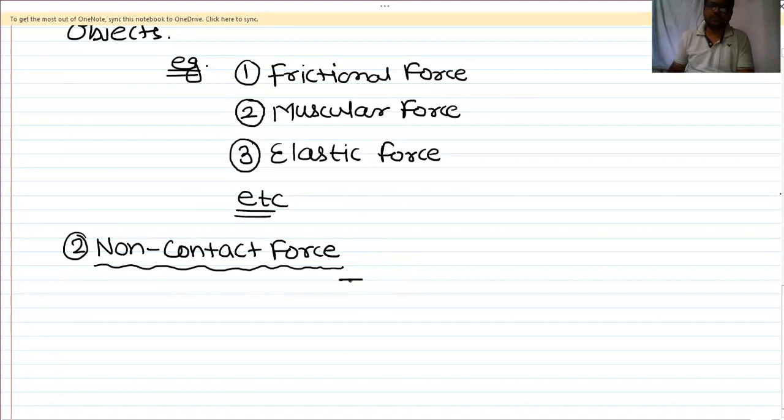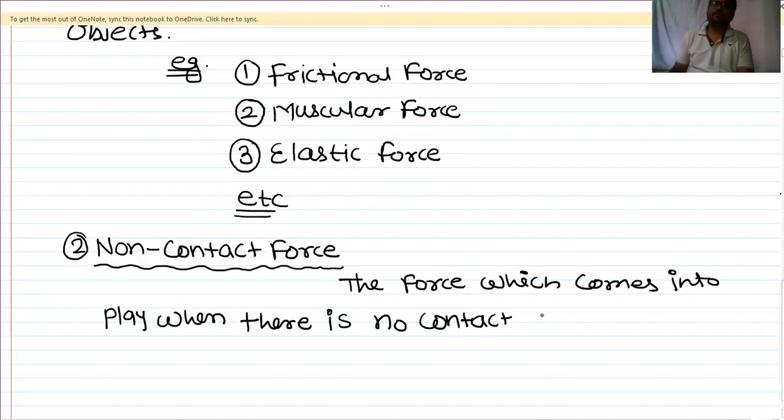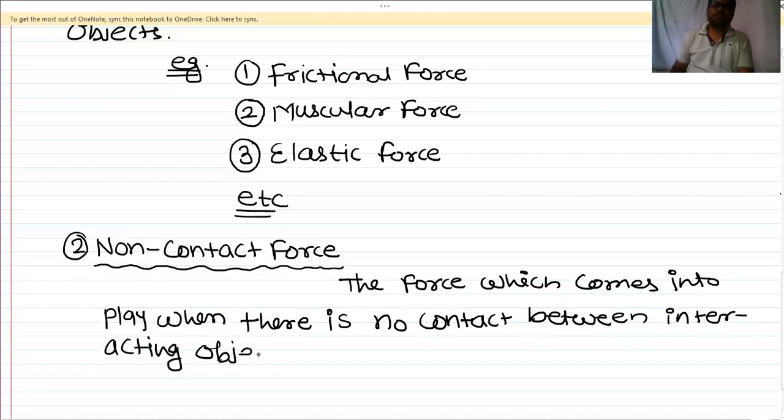So you can write the force which comes into play when there is no contact between, or you can write without contact between interacting objects, right? So this is what the non-contact force is.